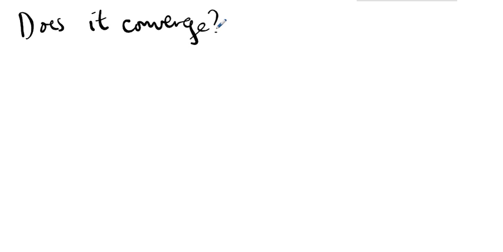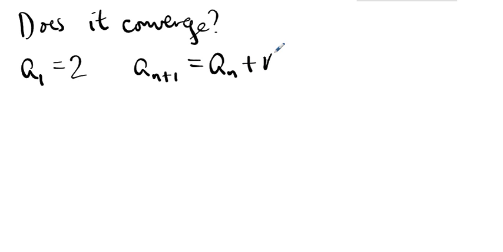Sometimes sequences are given recursively. Sometimes recursive sequences pop up. So let's play Does It Converge? The sequence where a sub 1 is 2 and a sub n plus 1 is a sub n plus n. Well, how do we figure that out?